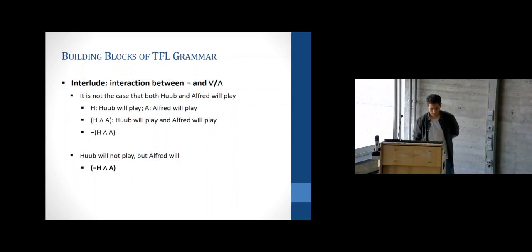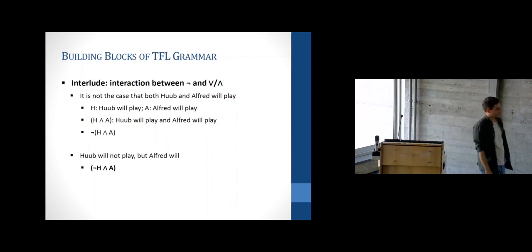Negation H, conjunction A. Now we're starting to get a feel for why the parentheses are important. Because here I'm indicating that the negation applies to everything inside the parentheses. And here, because there are no parentheses next to the negation, I know it applies to the immediate sentence, H. These two sentences mean different things.